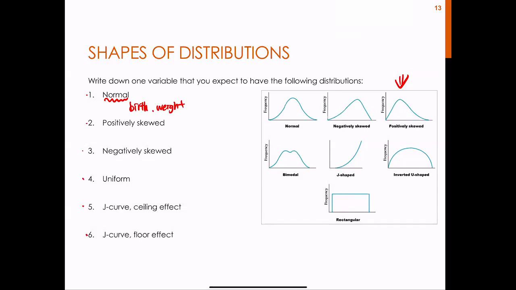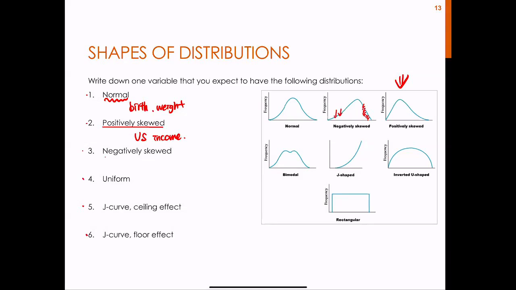And think about the positively skewed. What kinds of variable do you expect? Maybe the US income. Yeah, so many rich people will be here, right? But maybe we will be there. I'm not sure, but yeah.